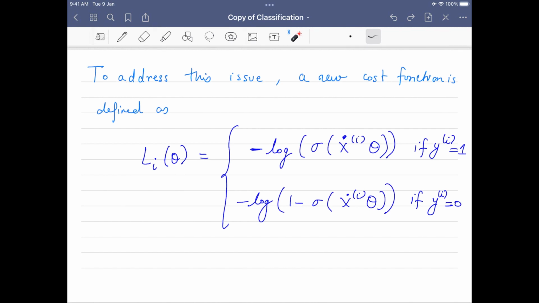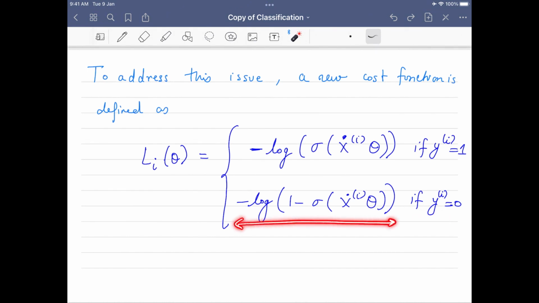And the second thing is, this loss function is divided into two parts. The first part is that if your labels are 1, as you can recall, it's a classification setting where your labels will be either 0 or 1. So based on that, if your labels are 1, we define a cost function which looks like this. And if your labels are 0, we define a cost function which looks like this.